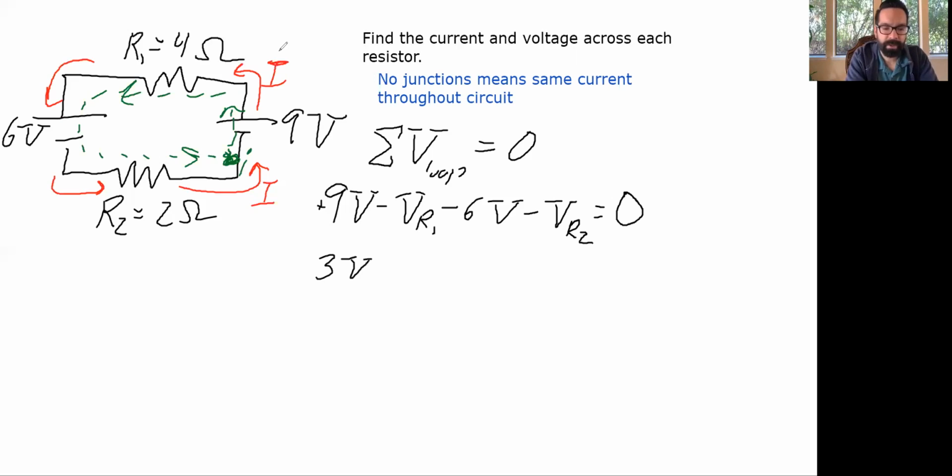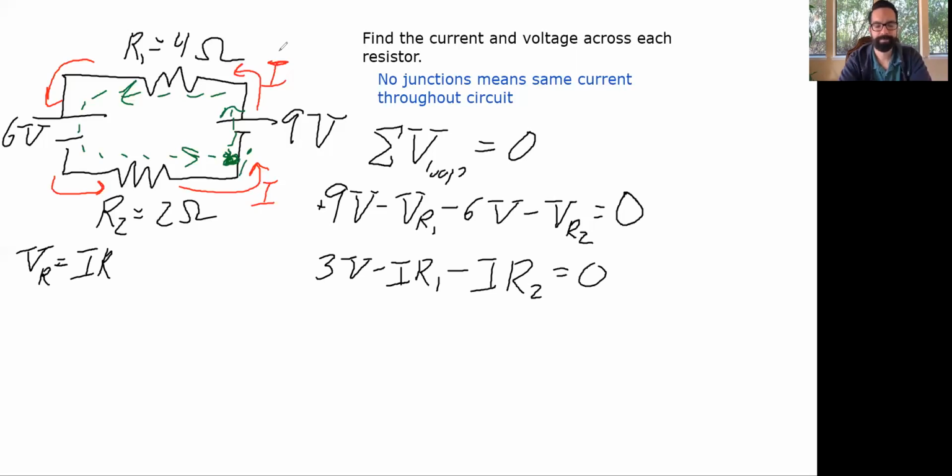And then for this VR1, if I use Ohm's law, V equals IR, I could just plug in I times R1 minus I times R2, right? I'm plugging in for my VR1 and my VR2. And of course, I have numbers for those, right? R1 is 4, R2 is 2.